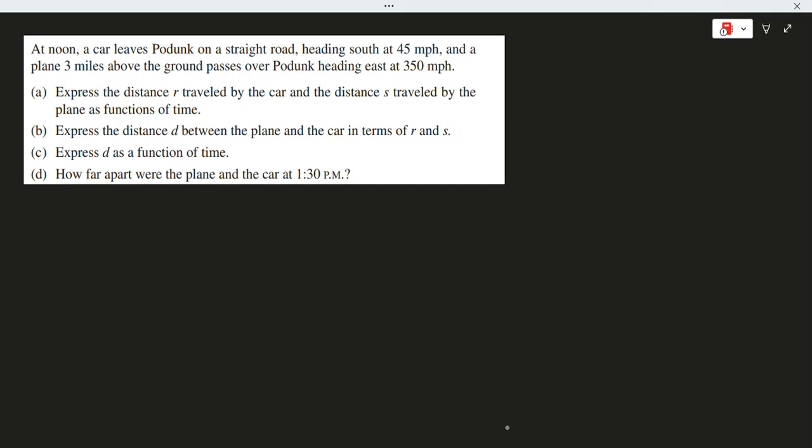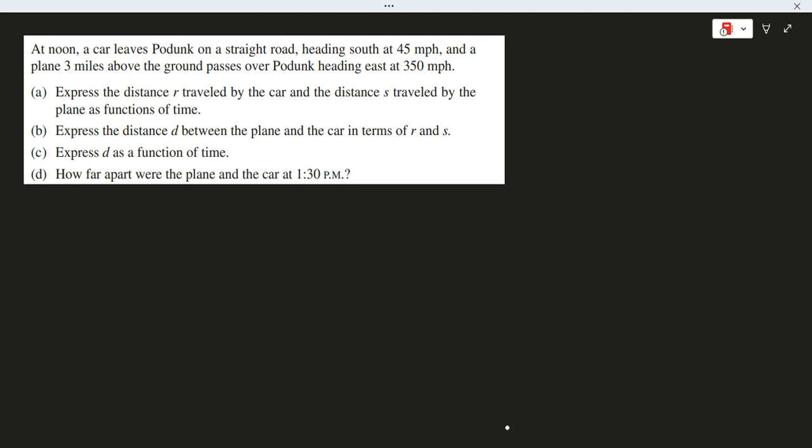At noon, a car leaves Podunk on a state road heading south at 45 miles per hour, and a plane 3 miles above the ground passes over Podunk heading east at 350 miles per hour. In part A, we need to express the distance r traveled by the car and the distance s traveled by the plane as functions of time.